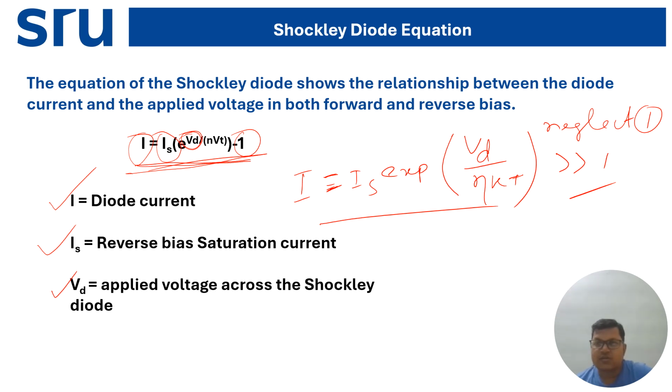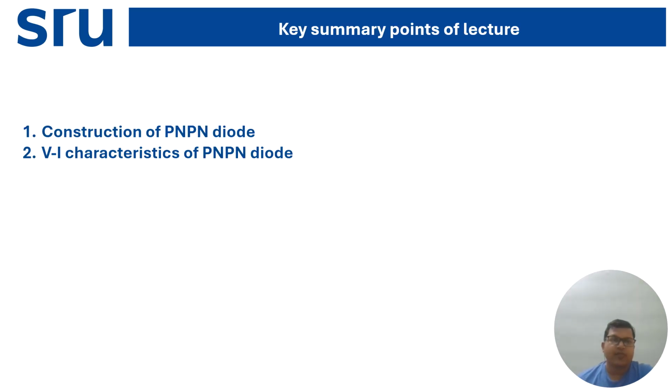So this is all about understanding the PNPN diode. We learned about the construction of the PNPN diode, and then we also tried to understand the diode with the two transistor model.